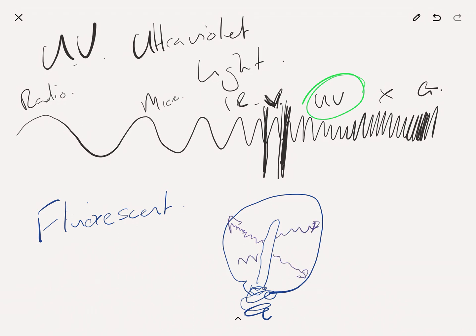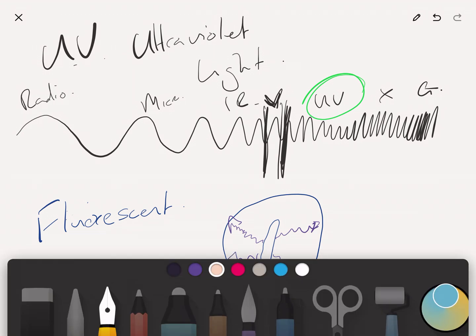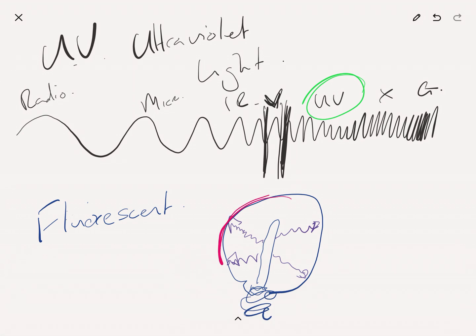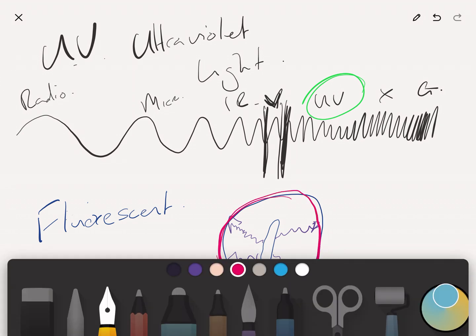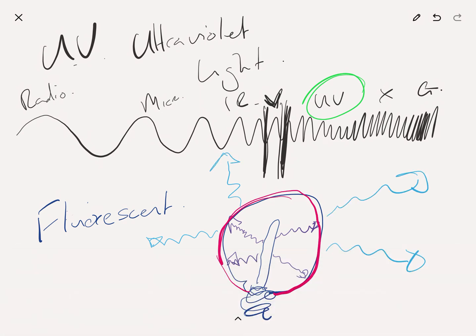Now, we can't see ultraviolet light, but what this bulb has around the outside is a particular chemical coating that absorbs UV, and then gives back out a longer wavelength of visible light. That idea of something absorbing ultraviolet but giving back out visible light is called fluorescence.